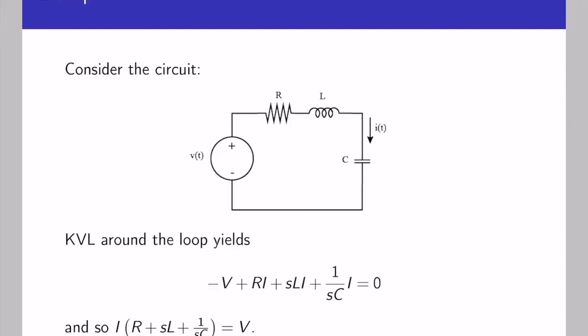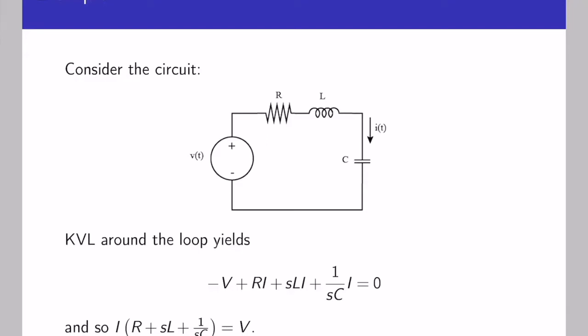So Ohm's law, V = IR, is shown in the term for the resistor. We have similar relationships that we previously derived for the current times the inductance times S, that's generalized Ohm's law for an inductor, and 1 over SC times I is equal to V for a capacitor.